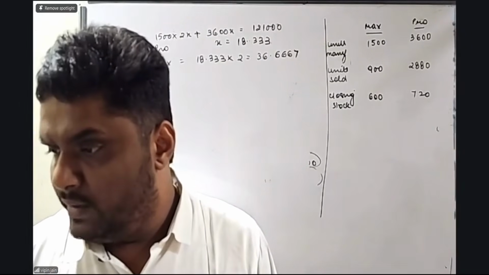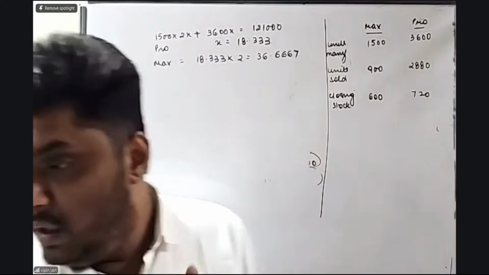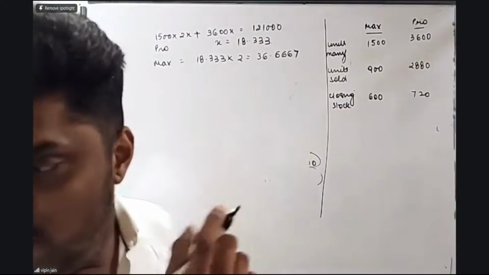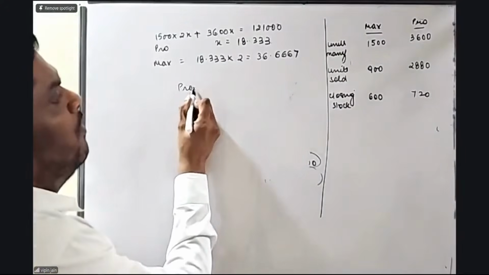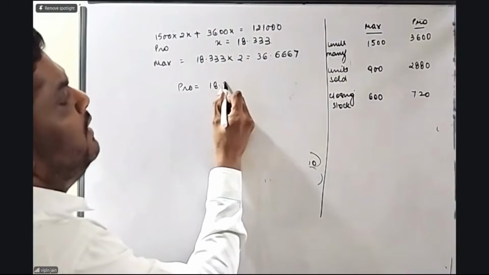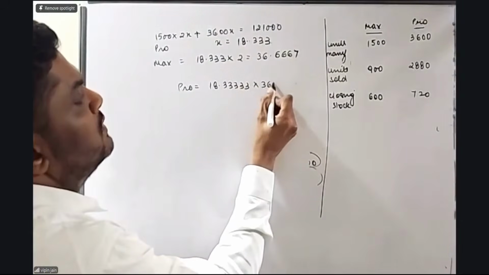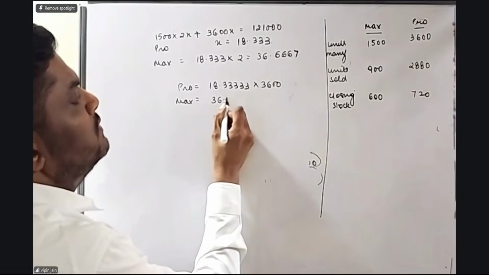So total units of Max are, the labor cost. So Pro, it will be 18.3333 into 3600. Max will be 36.